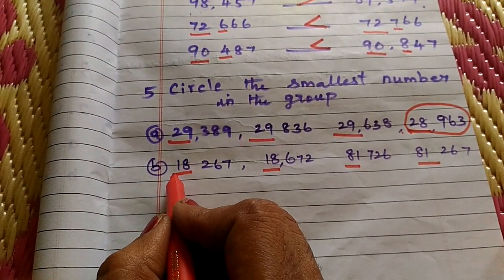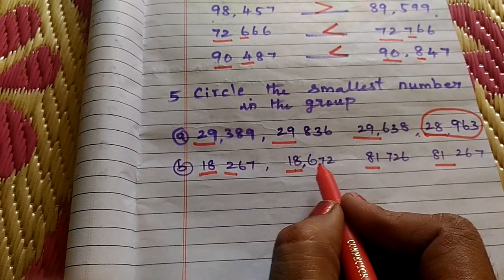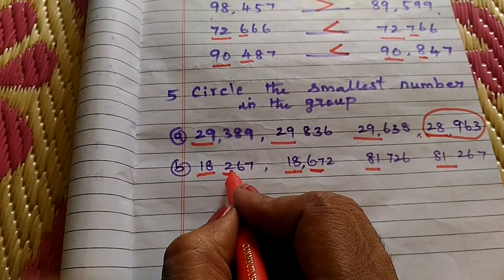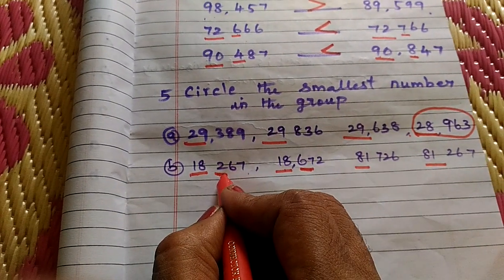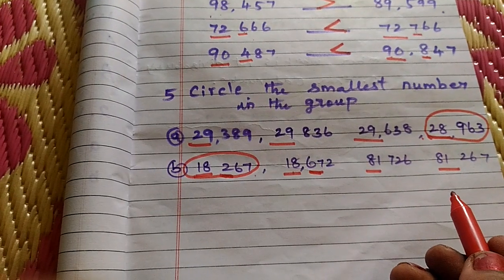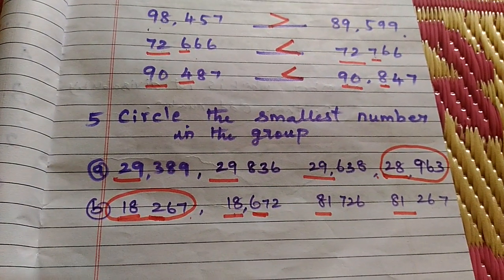Which one is smallest? 18, 18. Next 200, 600. Which one is small? 200 or 600? 200 is the smallest number. 18,267 is the smallest number. We circle the 18,267. Next.